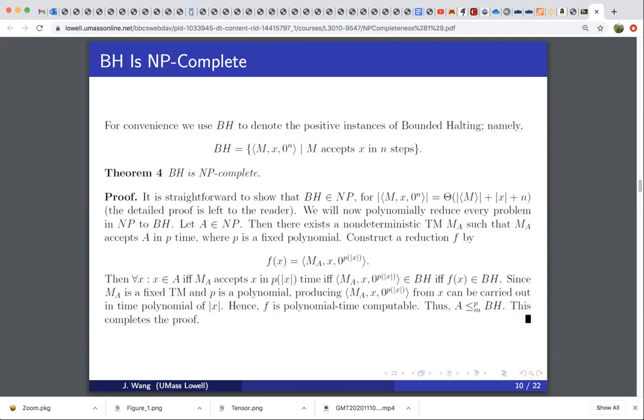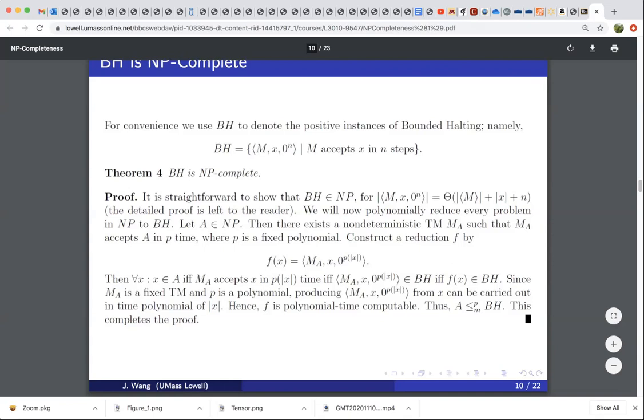Okay, so the proof is straightforward because we just need to add a time bound to it. We let A be any problem in NP.